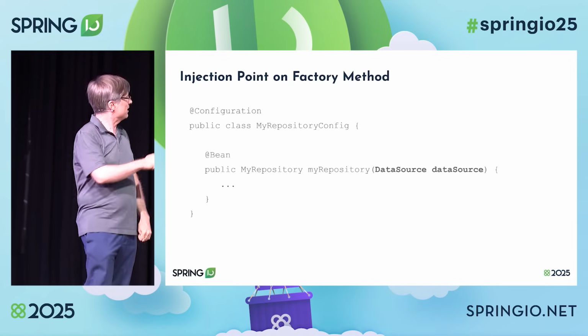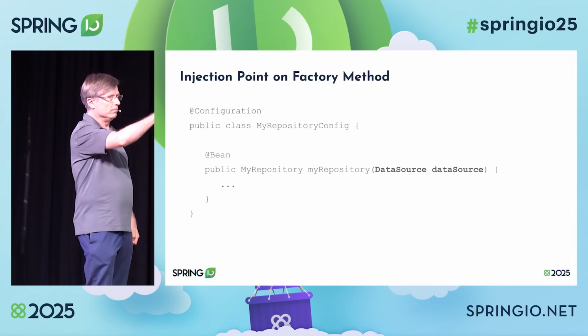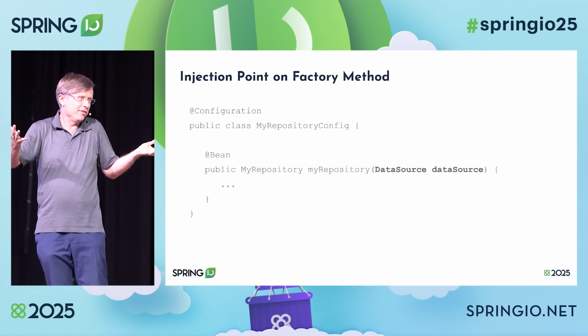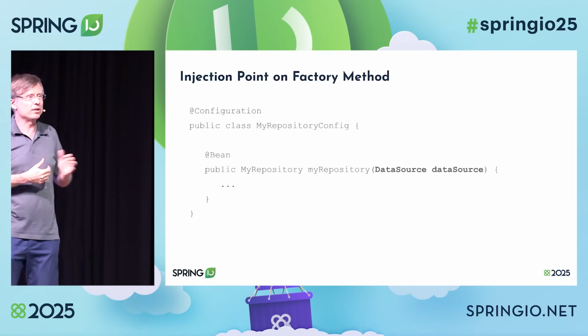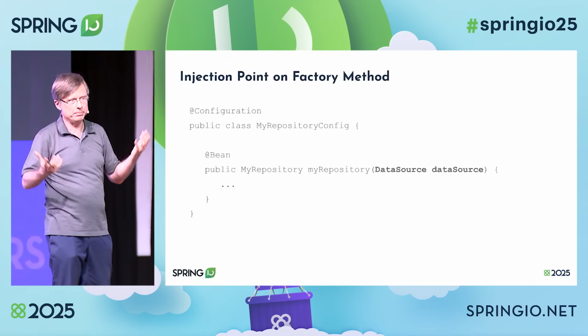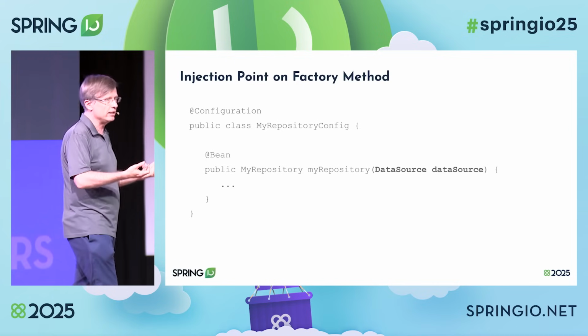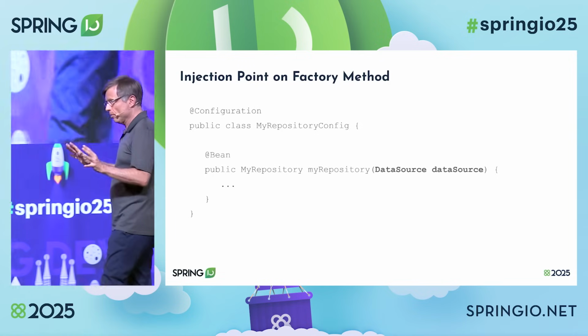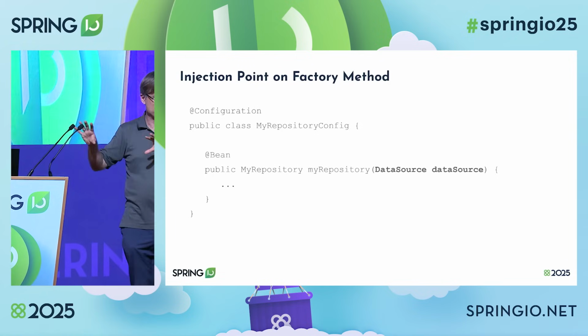Even if the factory method then returns new MyRepository and passes the data source into the constructor, it's kind of obvious that it's just a bridge into the constructor, but a factory method can do more, right? It can call builder APIs, it can do other things in addition to the constructor call. So much for the constructor versus factory method case.